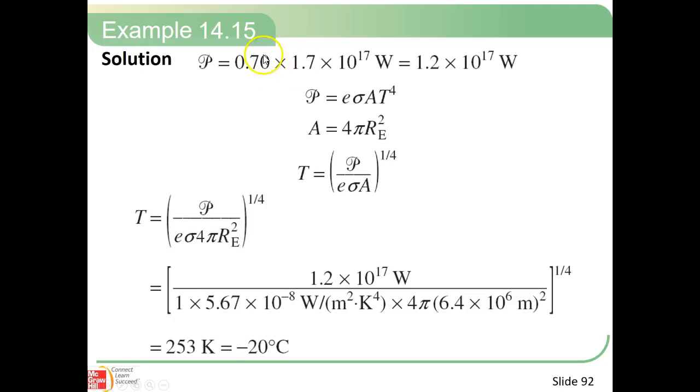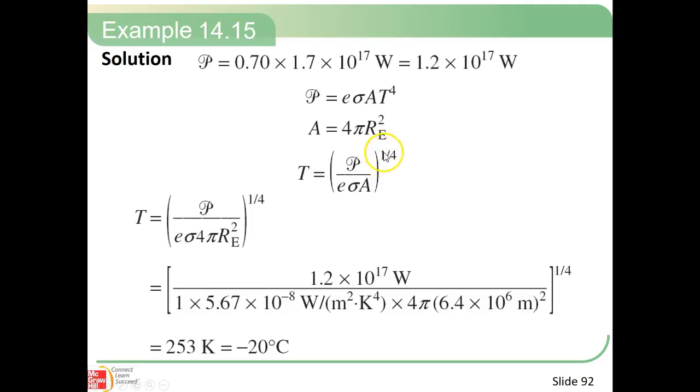So here's kind of what we do. We know that the P value here is 70% of 1.7 times 10 to the 17th. That gives us 1.2 times 10 to the 17th watts. Your P value, remember, is E times sigma times A times T to the fourth, where our area here is 4 pi times the radius of the Earth squared. So T here is equal to, we're going to solve this for T. So we have to do the fourth root.